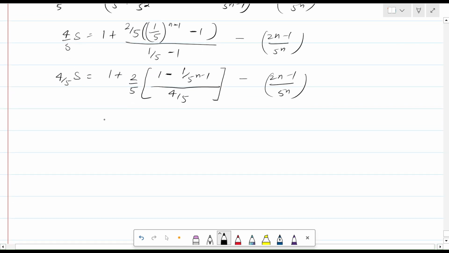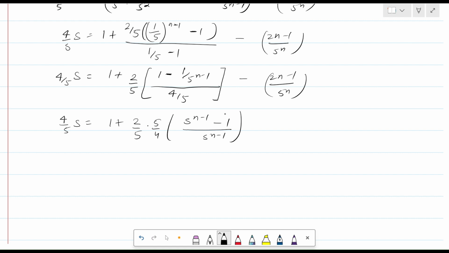So 4 by 5 s is equal to 1 plus 2 by 5 dot 5 by 4, and what will it be? It will be 5 raised to the n minus 1 minus 1 upon. Okay.